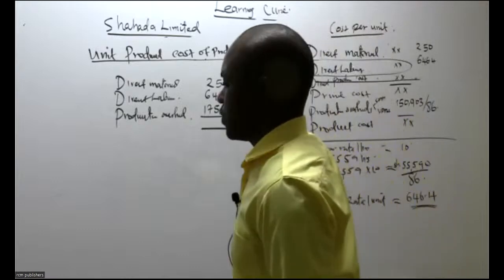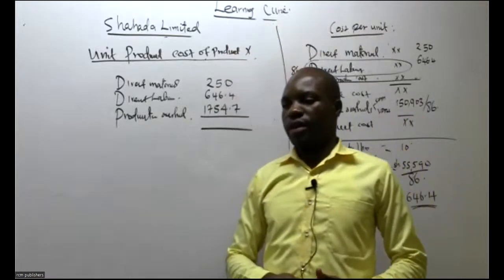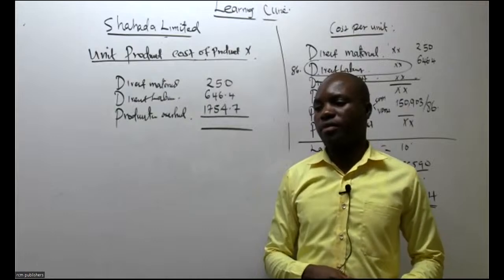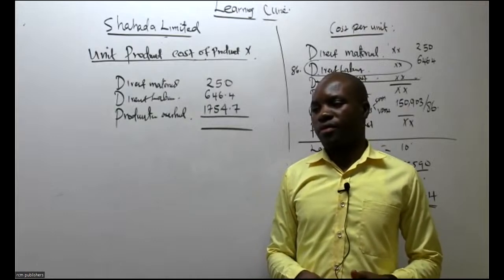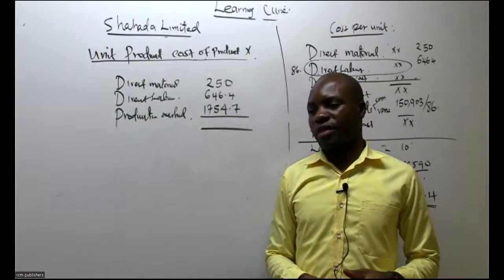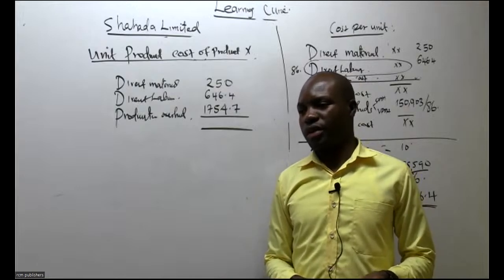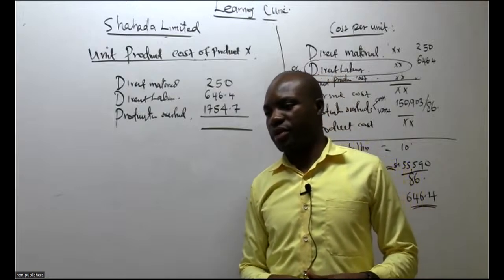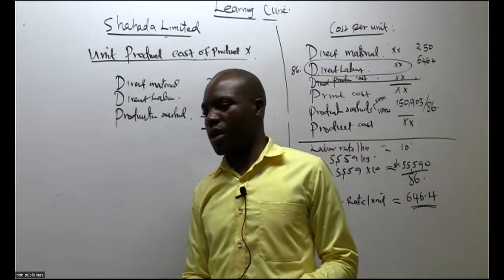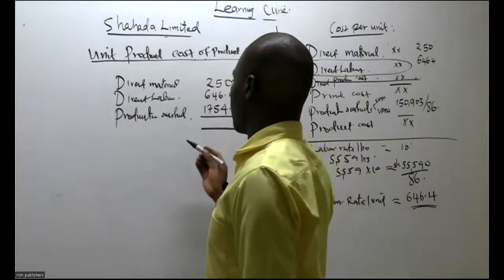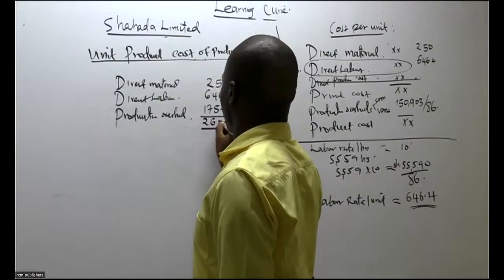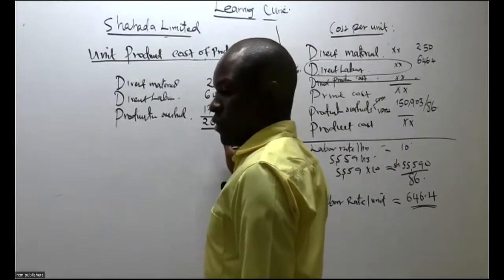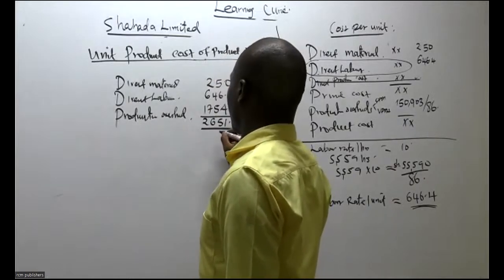What is the total for that particular product? The total for producing that product is 2651.1.